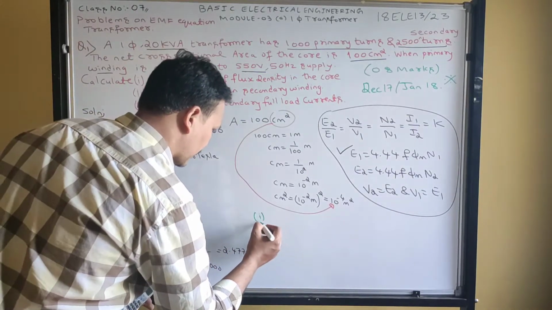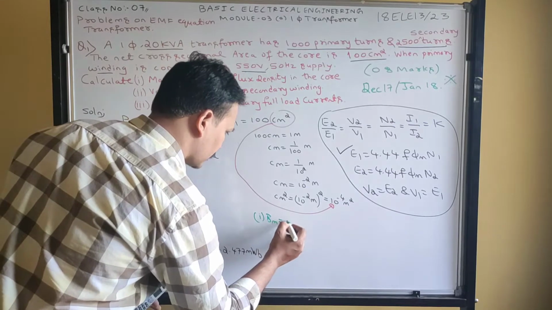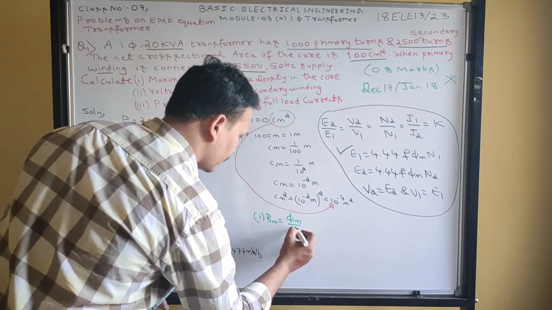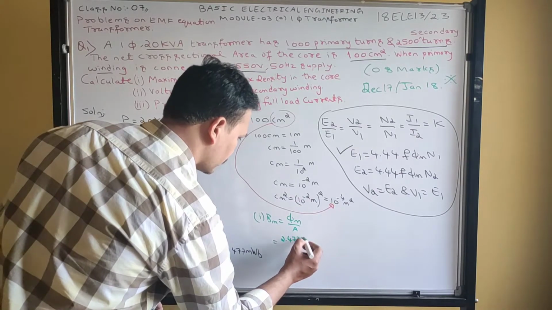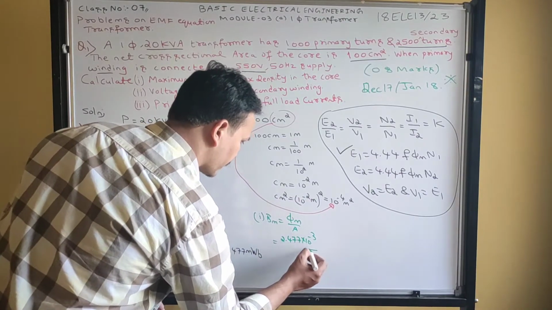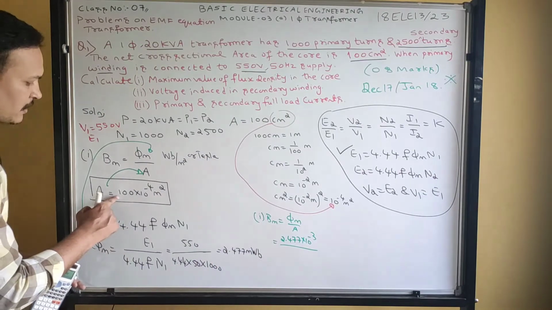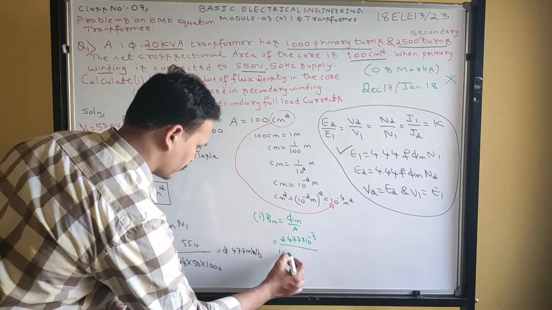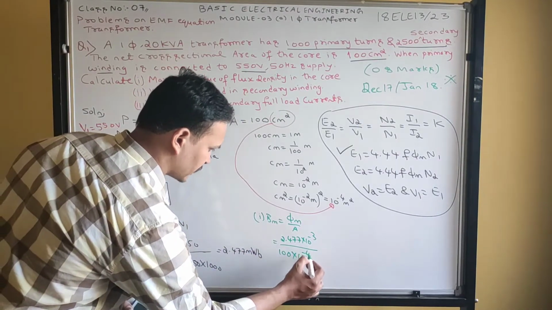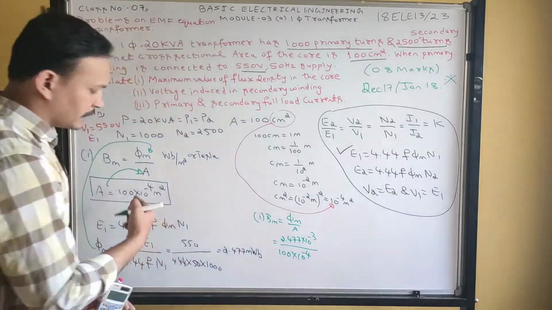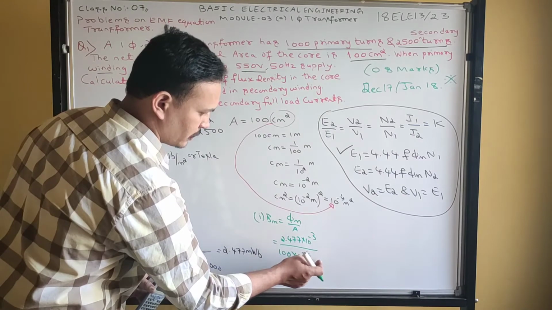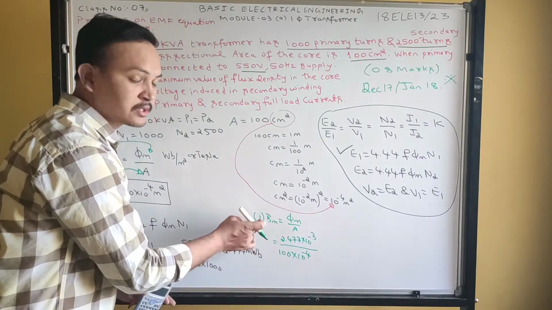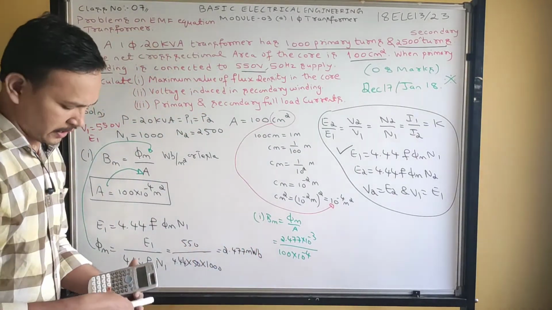So now I am calculating that Bm is equal to phi m by area. What is phi m? 2.477 milliweber, that is 10 power minus 3, divided by the area, 100 into 10 power minus 4 meter square. Here the unit is Weber, and here meter square. The unit of flux density is Weber per meter square.